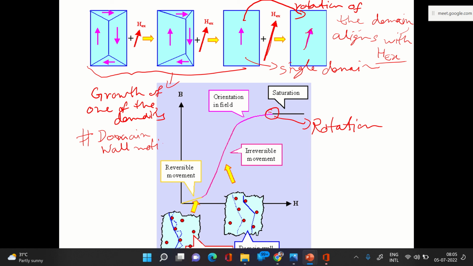Just prior to observing rotation of the domain, it is almost a single domain, and whatever we have observed from this point to this point is happening over here.